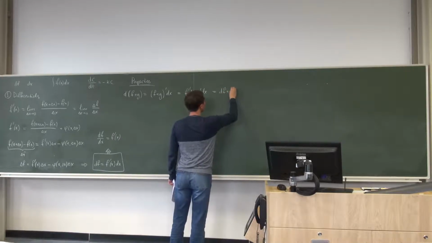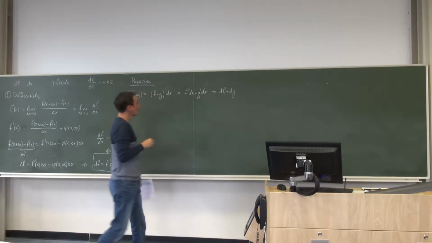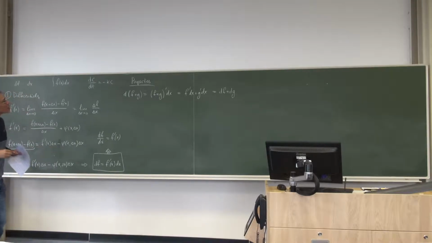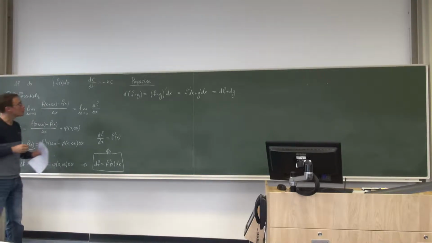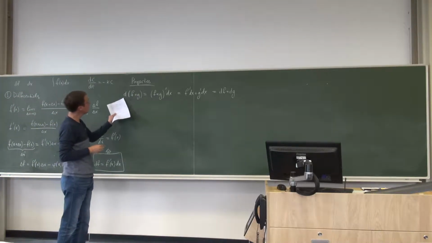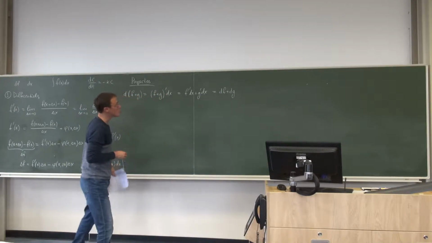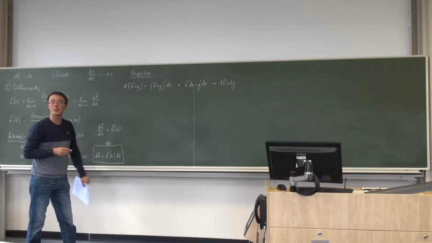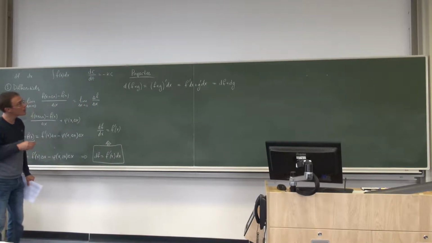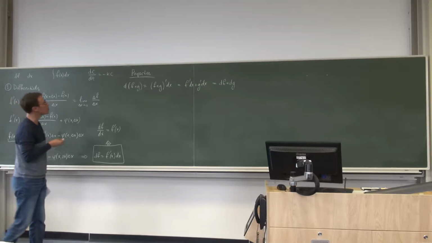So df plus dg. And so it appears that the differential operator is linear. If you have a sum in this differential, that translates into a sum of differentials in much the same way as this happens for derivatives.